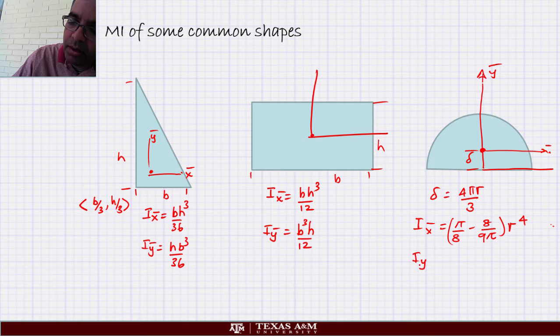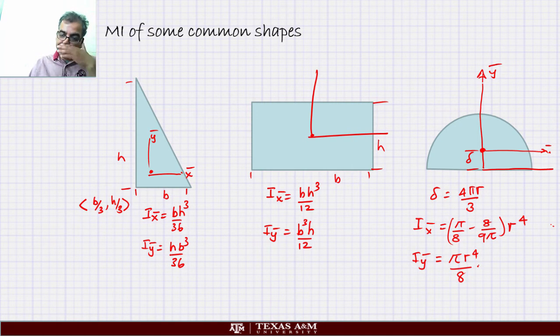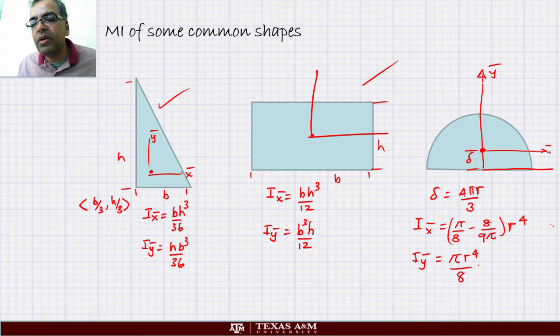I y bar is pi r to the fourth over 8. I'm just showing you what these things are, because these two things we will use very commonly. This occasionally we will use because many objects are made up of some combination of triangles, rectangles and semicircles. So it's very useful to have those things pretty much set.